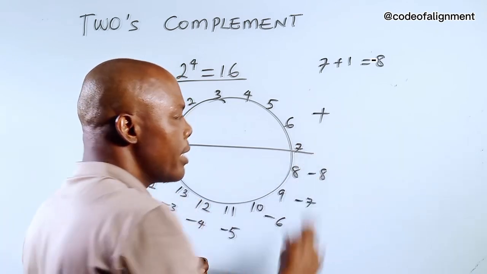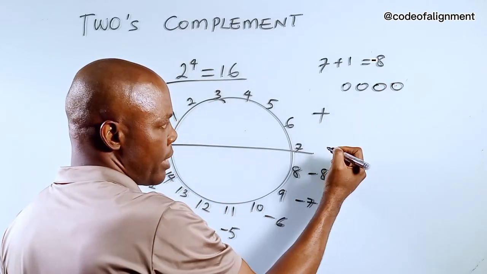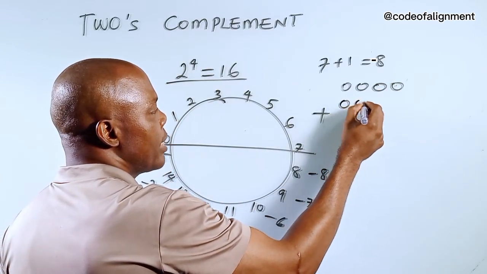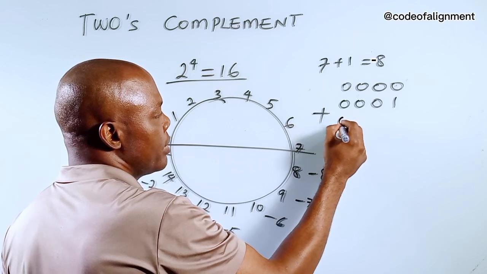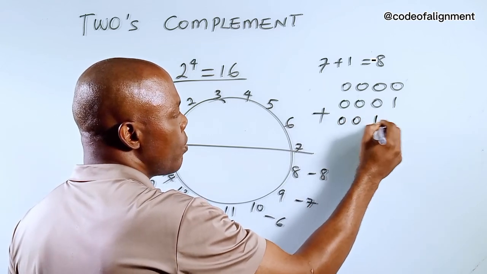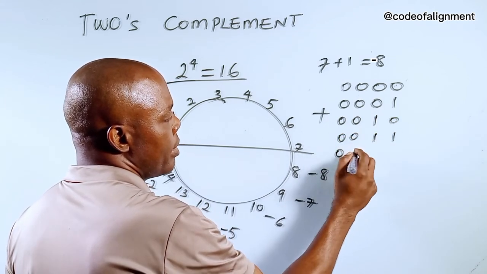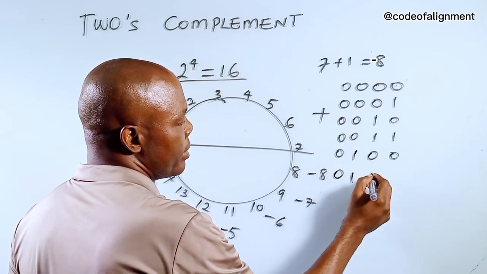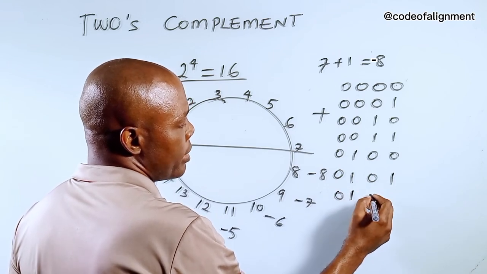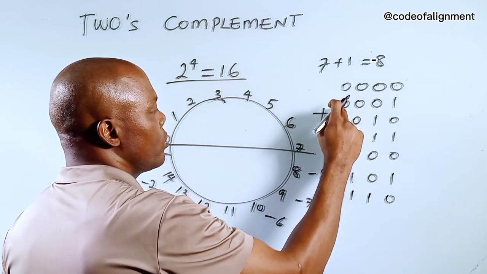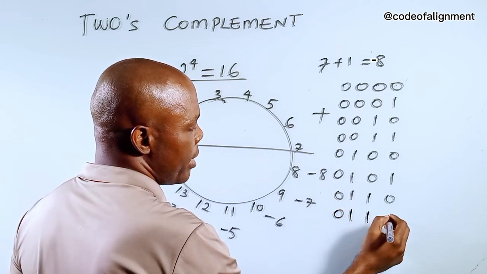So it means in the pattern representation, we are having 0, 0, 0, 0, then 0, 0, 0, 1, and I told you this will continue up to 7, which is 0, 1, 1, 1.